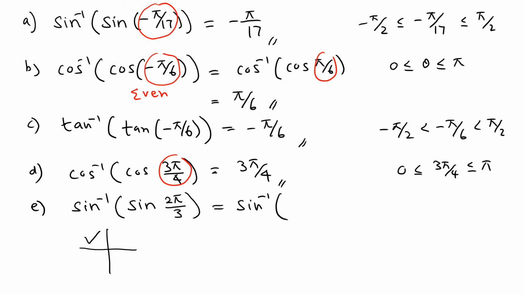The reference angle is pi over 3, and since we're in the second quadrant, sine is positive. So this is simply equal to sine inverse sine pi over 3 according to the reference angle method. Now the cancellation property works because pi over 3 is in the right domain, so you get pi over 3 as the answer. So we use the reference angle method first, and then the cancellation property gives you pi over 3.